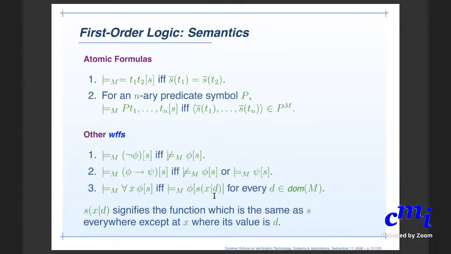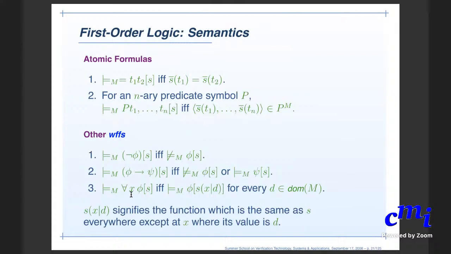So this is the notation. S x bar d denotes the same assignment as S, except that x itself is mapped to a particular d. The reason it is defined this way is that the formula phi can have other variables besides x.